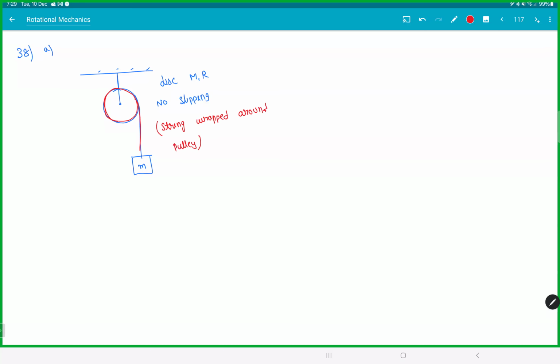So basically, the pulley can be treated like a disk. Gravity is there. Find the acceleration of the block.